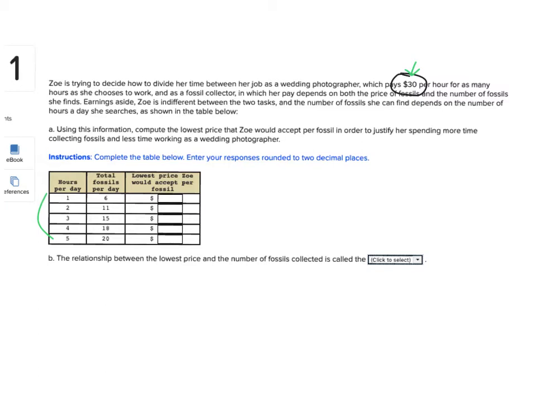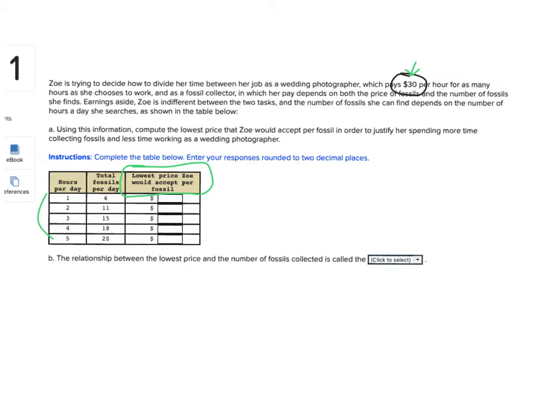And then in turn, her earnings from collecting fossils depend on the price of a fossil. And so we're looking at firm reservation prices.